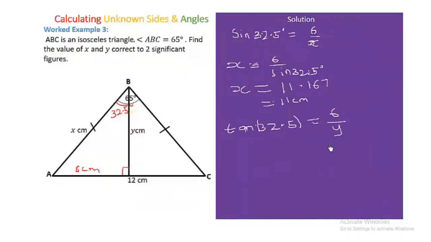So y will now be equal to 6 divided by tan 32.5 degrees. This will give us y to be equal to 9.42.